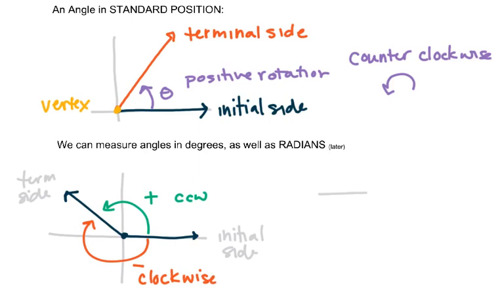We could have an angle that looks like this. And that could be considered a positive 360 degree angle. Or it could also be considered a zero angle. If we were to go in the opposite direction like this, that would be negative 360 degrees.